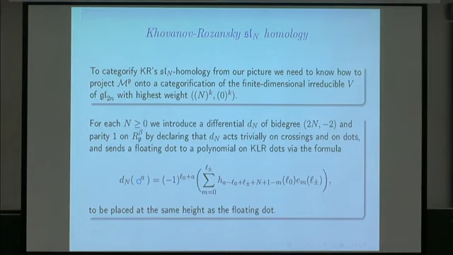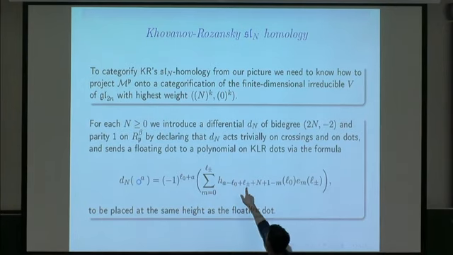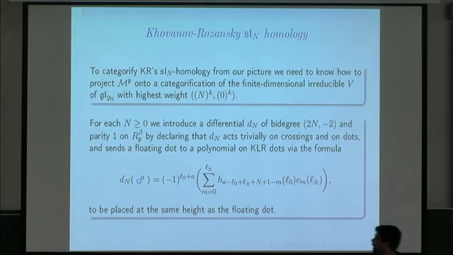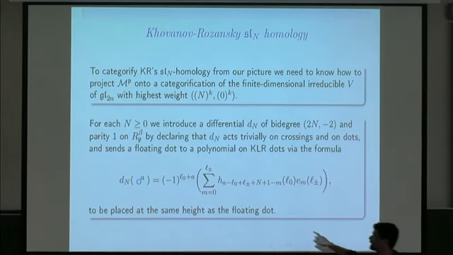So H is the complete symmetric polynomial, E is the elementary symmetric polynomial, and as before, L0 was defined before, L plus minus 1 as well. So here's the formula that you have to place at the same height as the floating dot.